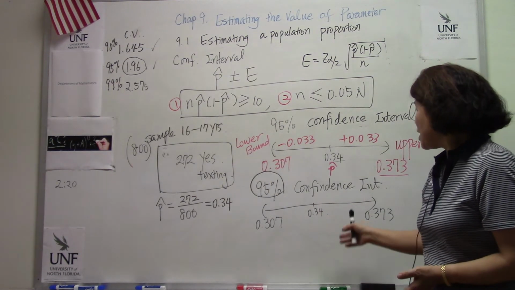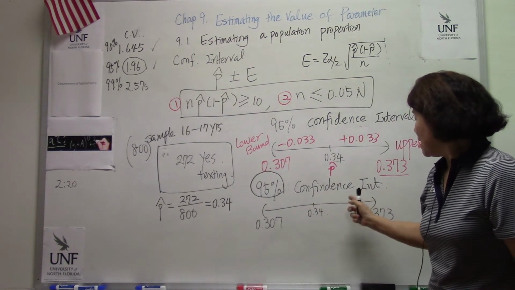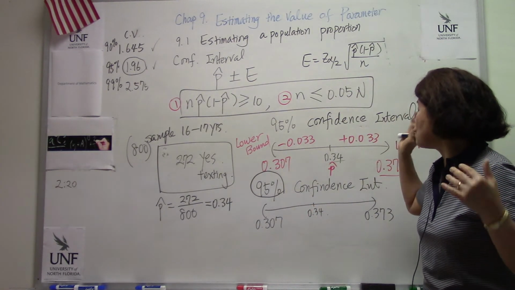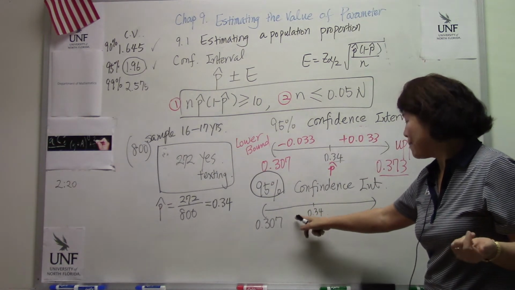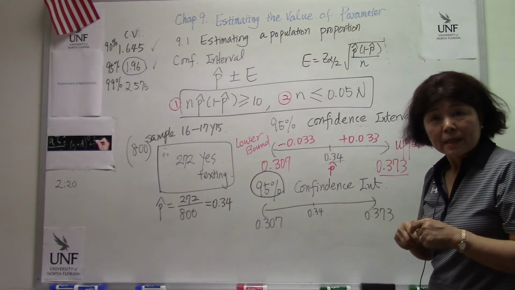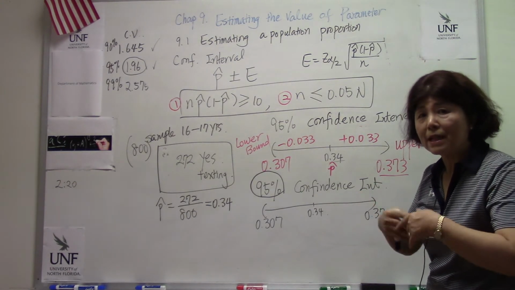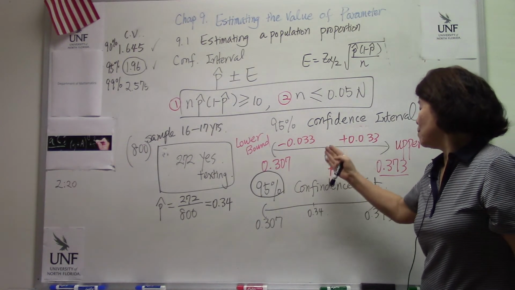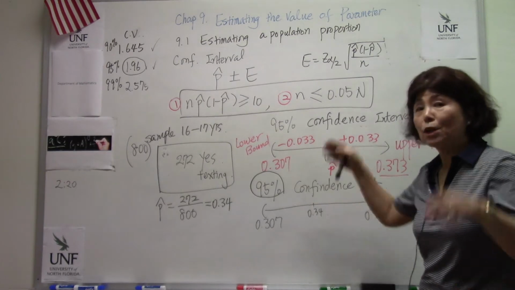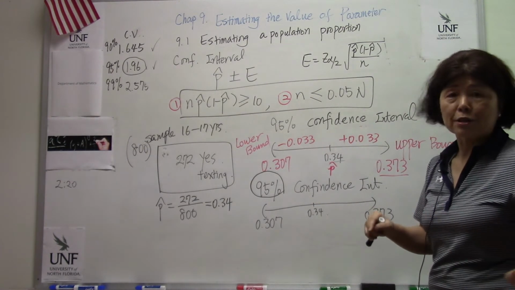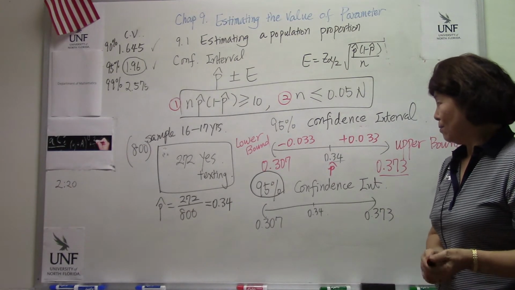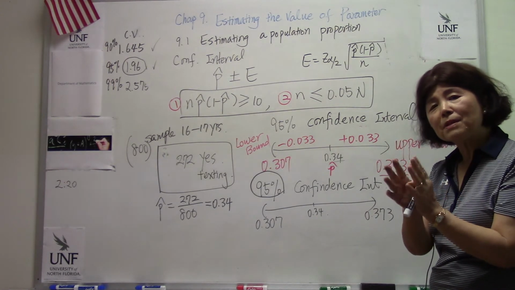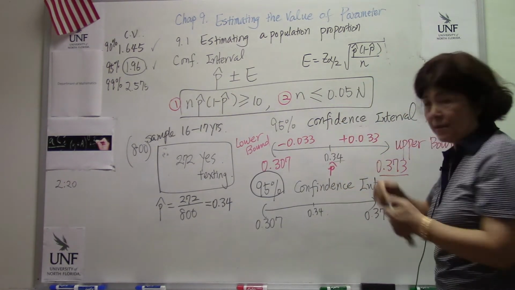It does not mean that there is a 95% probability that this interval contains the true proportion of the population. Then what do you mean by a 95% level of confidence? The level of confidence means the confidence in our method.